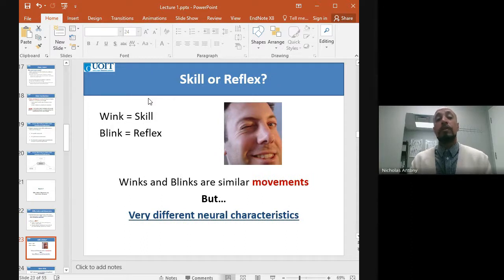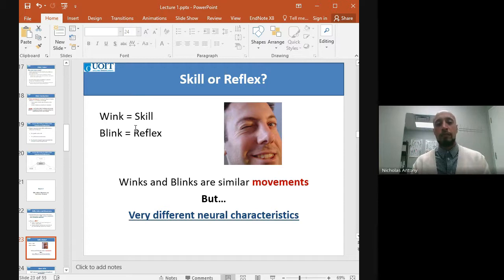And think about the difference. So if I wink, let's say I'm trying to get Karen, the note taker's, attention, and I'm giving her a little nonverbal communication, I'm consciously controlling the flexion of my eyelid. Whereas if I get something in my eye, see how there's a reflex.